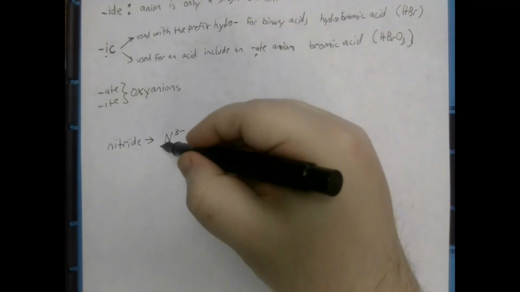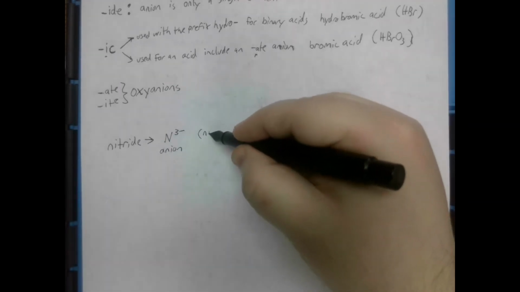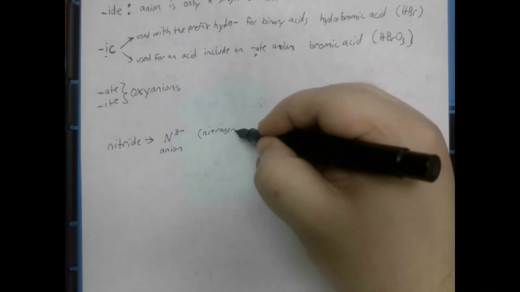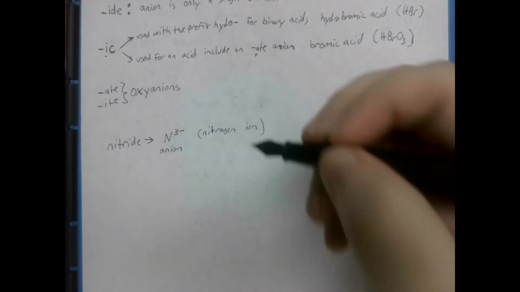N3 negative. So it just refers to the anion of nitrogen, so in other words, a nitrogen ion, more specifically anion.